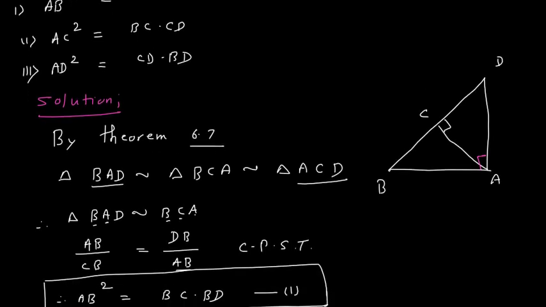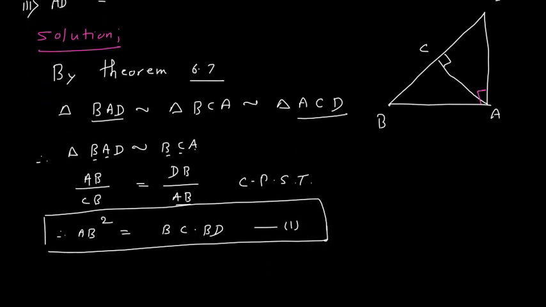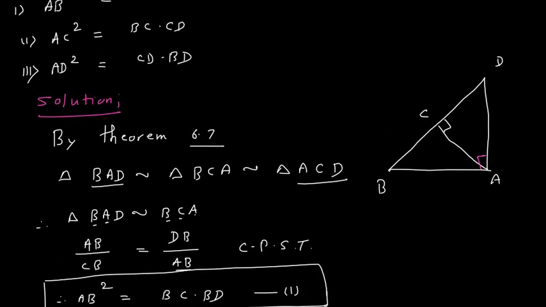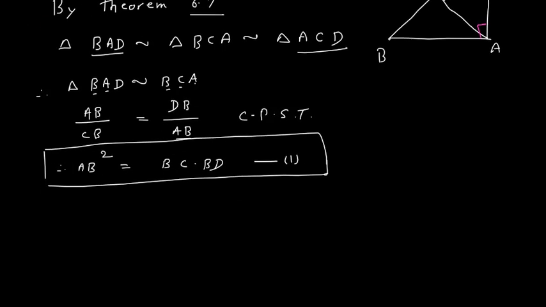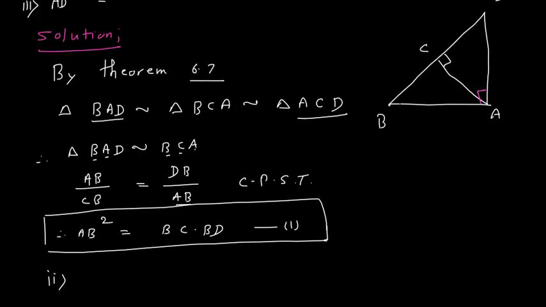Now I have to show that AC square is equal to BC into CD. That I have already shown in the previous problem. So second, I will take triangle BCA, which is similar to triangle ACD. So I want AC square.